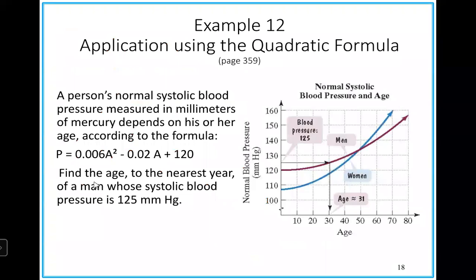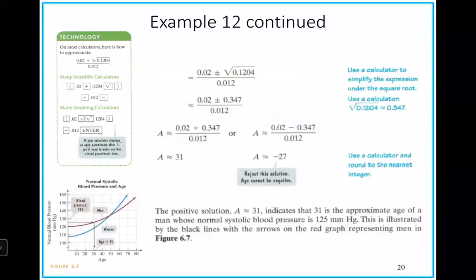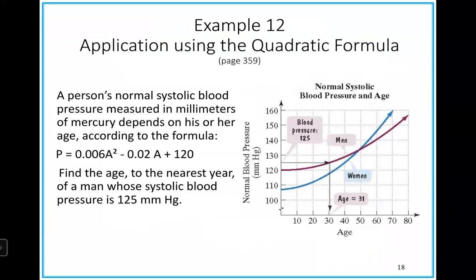So we have application using the quadratic formula, but I think I'm going to skip that for now. Basically, it's still using the formula, and this time they're using decimals and so on. But once you follow the formula correctly, you should be able to figure it out. So I'll leave that. But there are some application questions that you could use quadratic equations to solve. This one has to do with blood pressure.